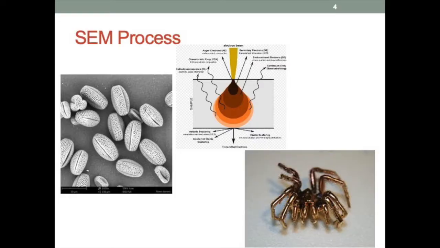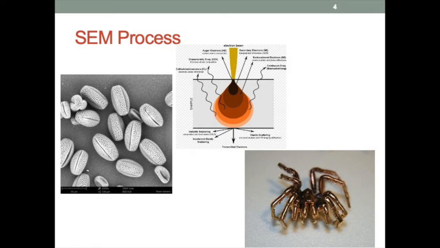Electron microscopes, again, require the specimen to be desiccated and covered in gold, so it has to be dead. You can't see anything moving or crawling around. All right, the SEM process: once again, you have to slice through anything, and it has to be covered in a layer of gold.